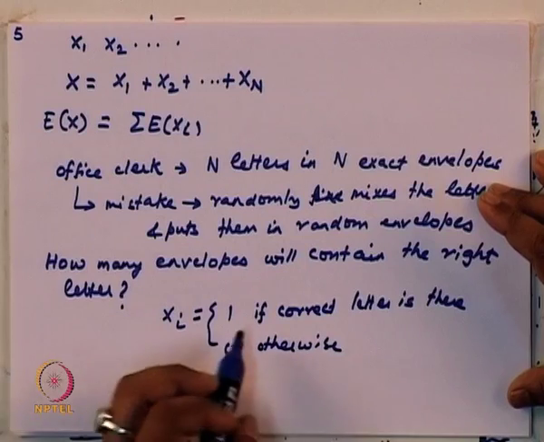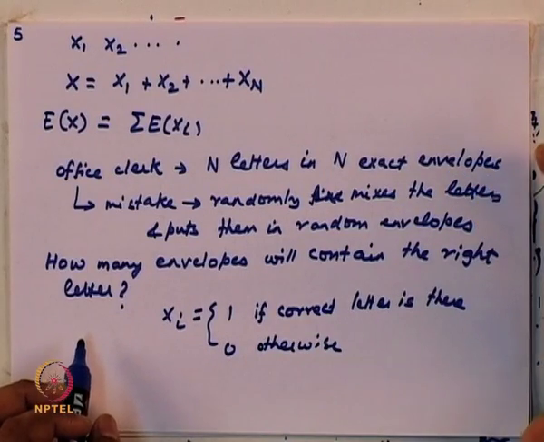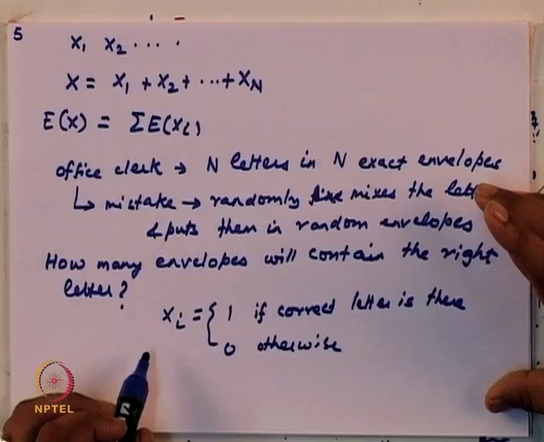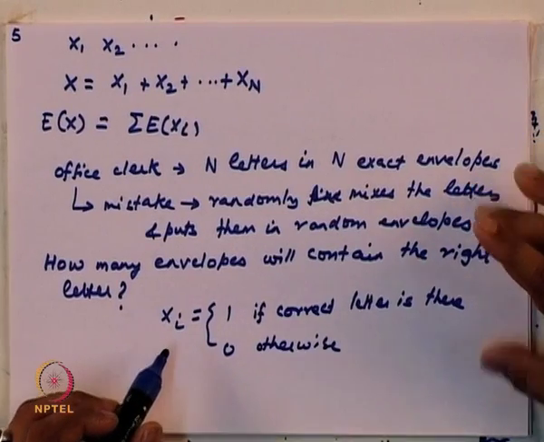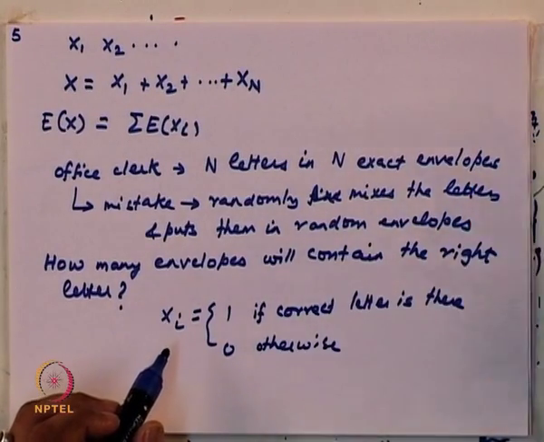If you have n letters and n envelopes, what is the chance that you will put the correct letter if you randomly choose one letter from n letters and put it in one envelope?